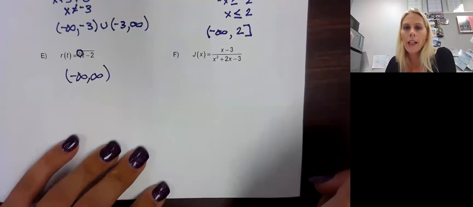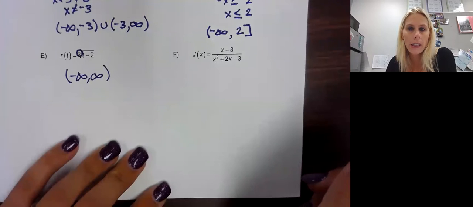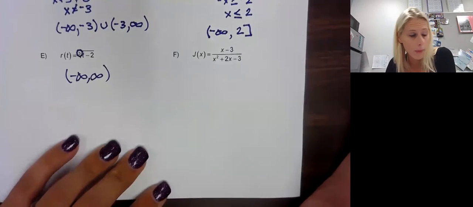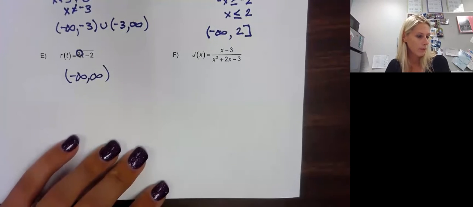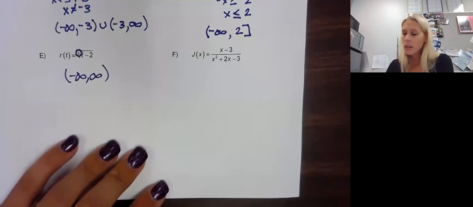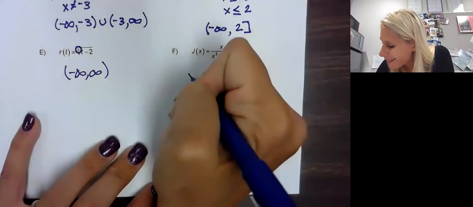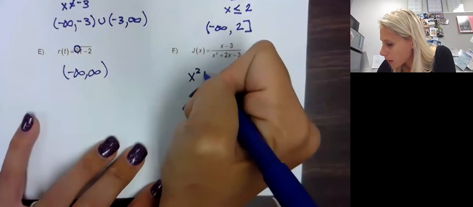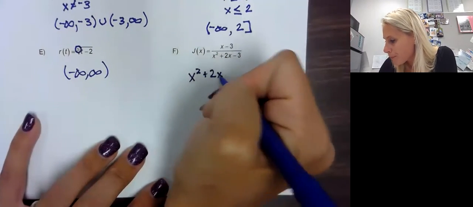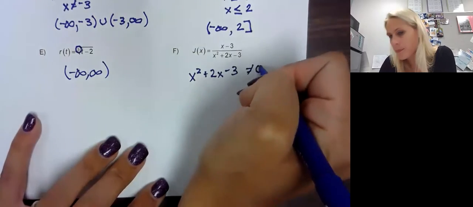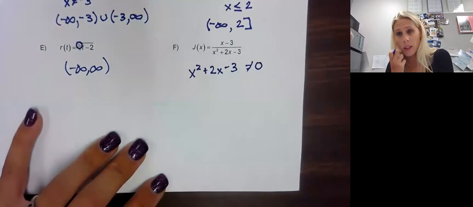F, j of x equals x minus 3 all over x squared plus 2x minus 3. Okay, we do have a denominator, so we have to be careful on that. And no square roots. So we have to make sure that x squared plus 2x minus 3 cannot equal 0. So we're going to have to factor.